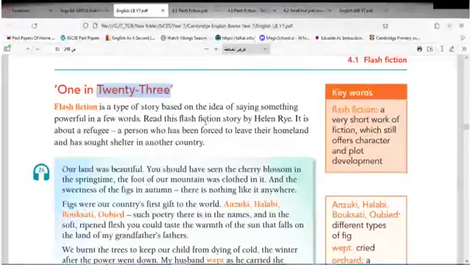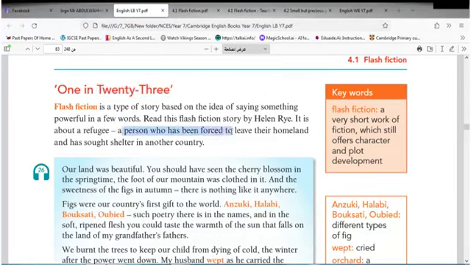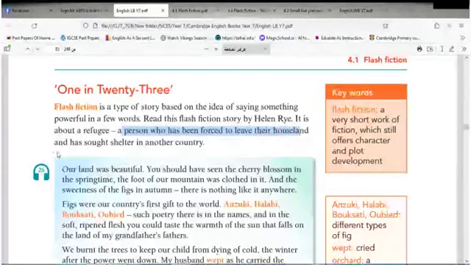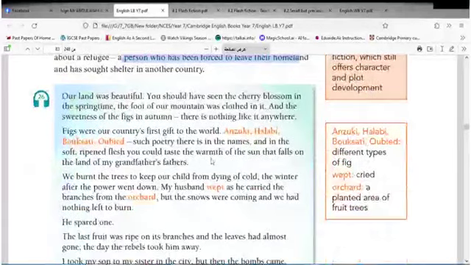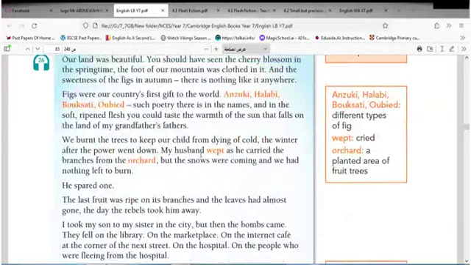Let's read this flash fiction story by Helen Wright. It is about a refugee, a person who has been forced to leave their homeland and has sought shelter in another country. Let's read, let's listen, let's focus, and let's taste this story with each other.